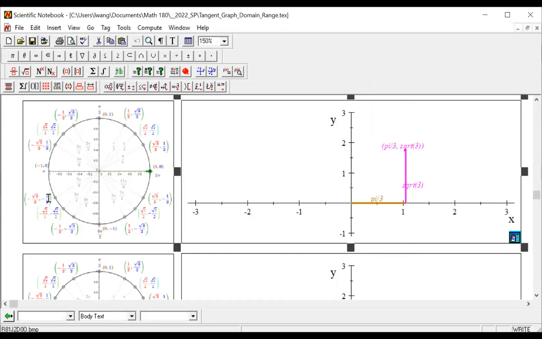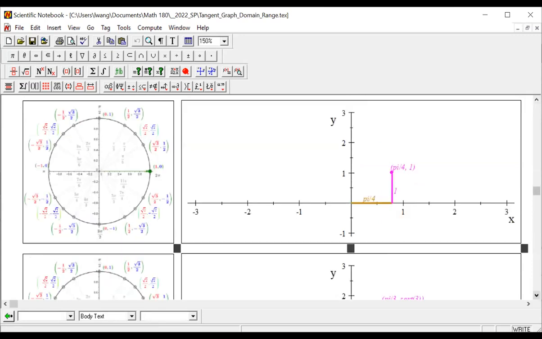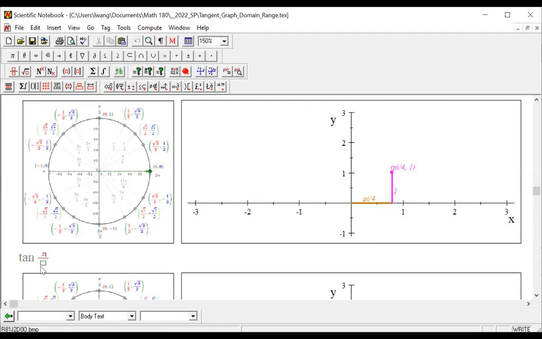Now for tangent pi over 3. Tangent pi over 3 is the blue number divided by the red number, right? And the arc length is pi over 3.